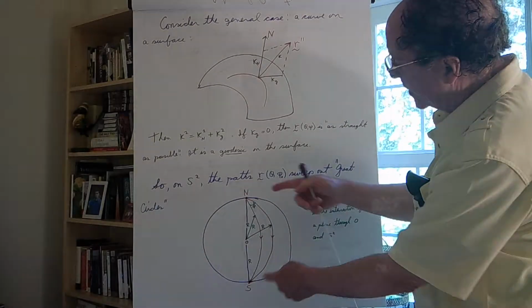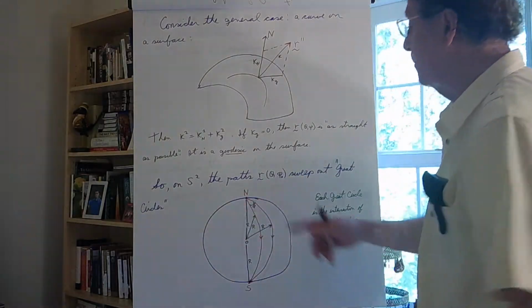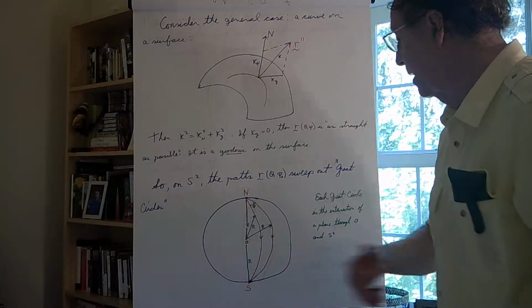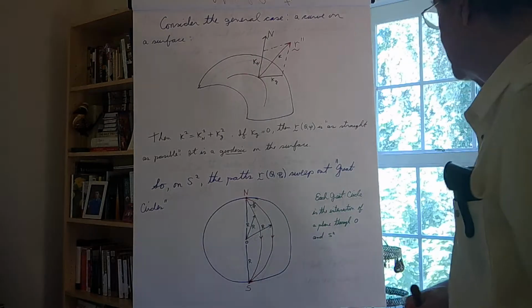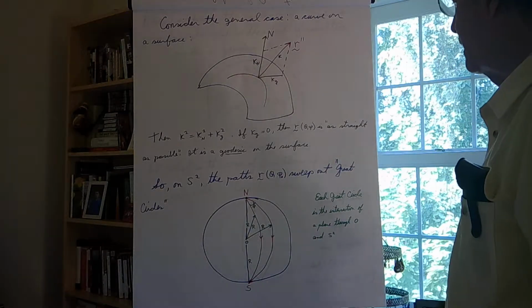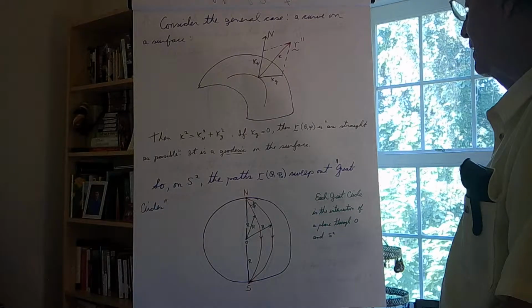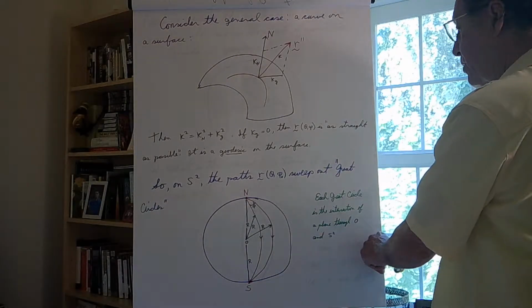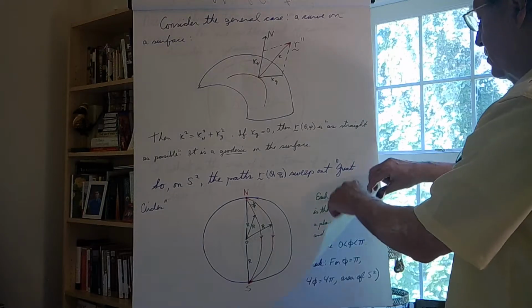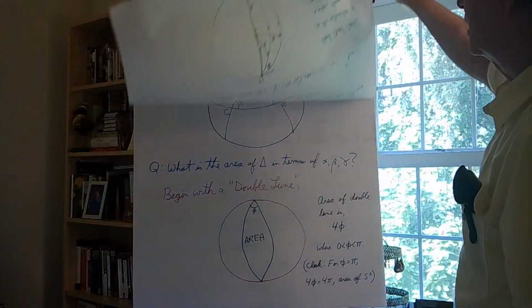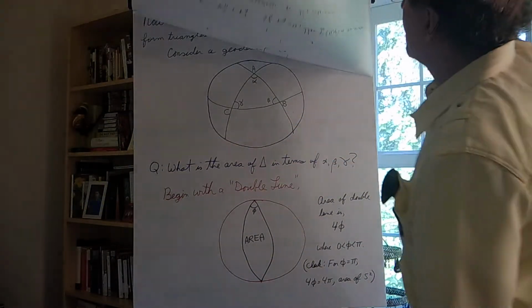Of course, nothing special about North and South Pole. This is true for any point P and its antipodal image, P prime. And I see that there seems to be simple behavior in the distance between the two geodesics, and we'll want to understand that.